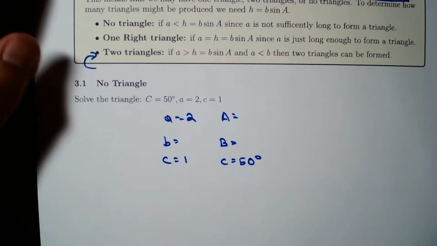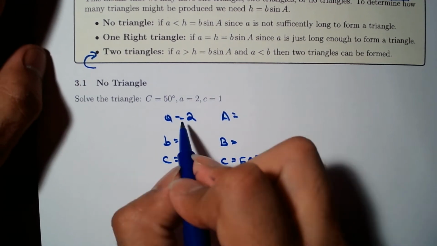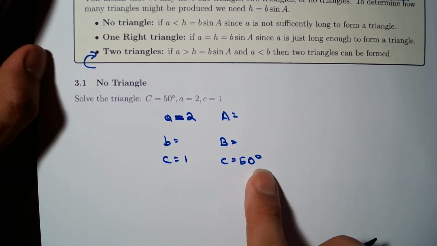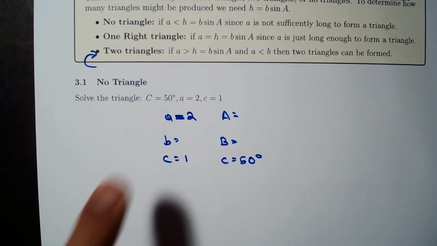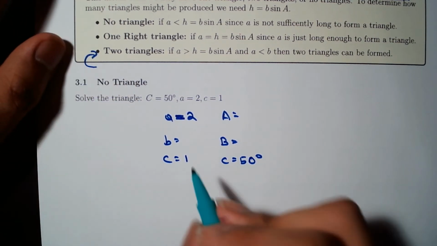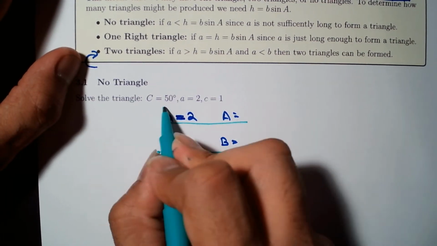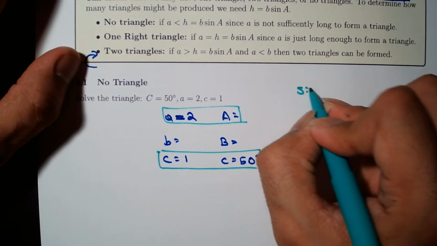Alright, so what are we going to do in this case? We have all the information for C and one part of the information for A. So we're going to relate C with A using the law of sines.